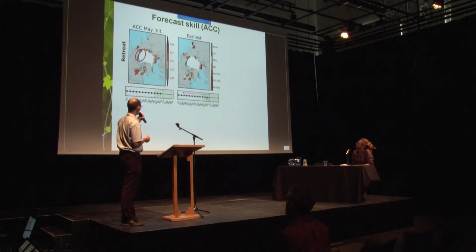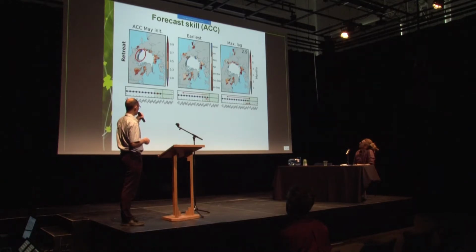So this is shown in this plot, and it basically shows, for example, for Hudson Bay, that May 1st, this initialization date that I showed here, is the earliest that you can get a skillful prediction of the retreat date, which occurs late June, early July.